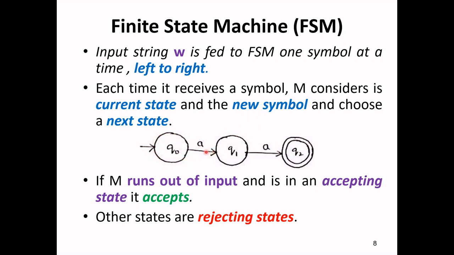For the new symbol A, it is going to the next state, that is Q1. Similarly, current state is Q1. For the new symbol A, it is going to the next state Q2. And if the machine runs out of the input and is at the accepting state, then the string is accepted, else it is rejected.